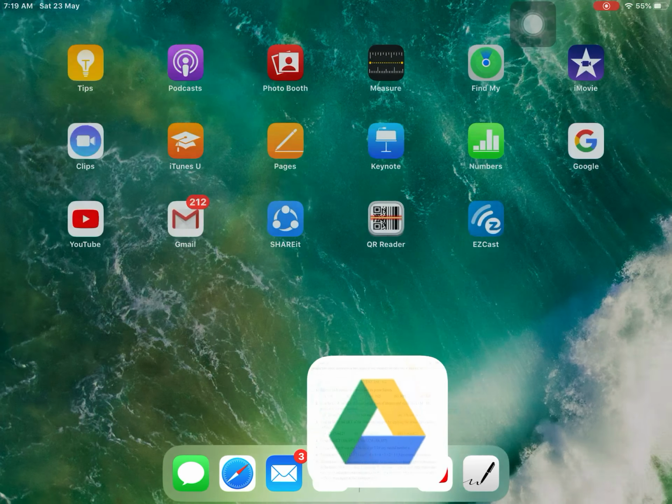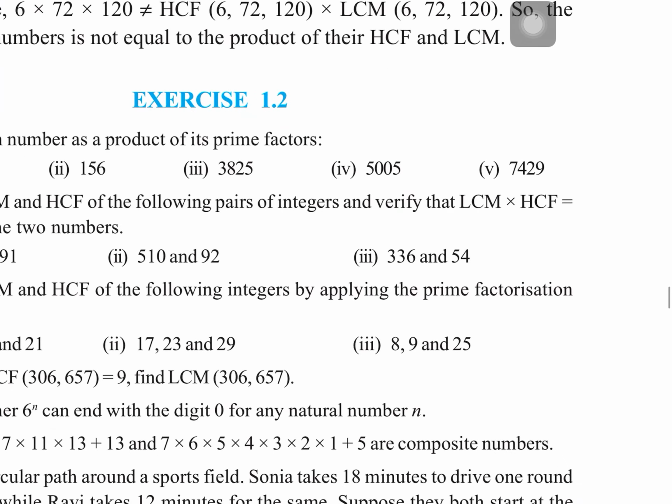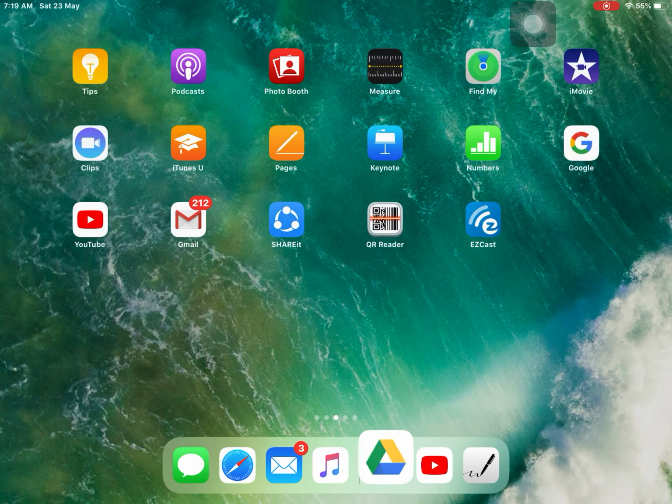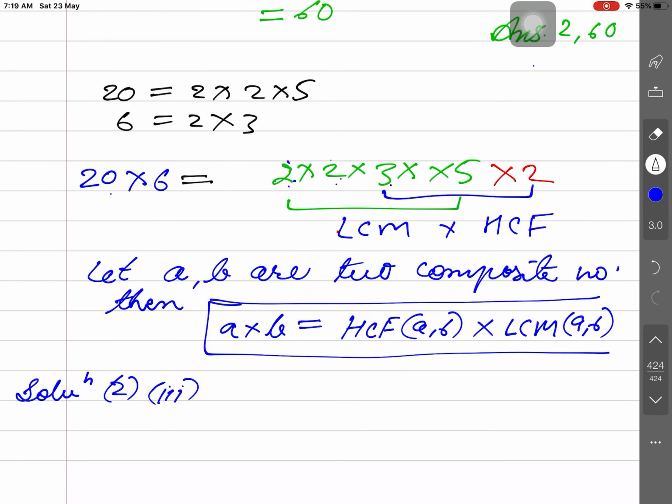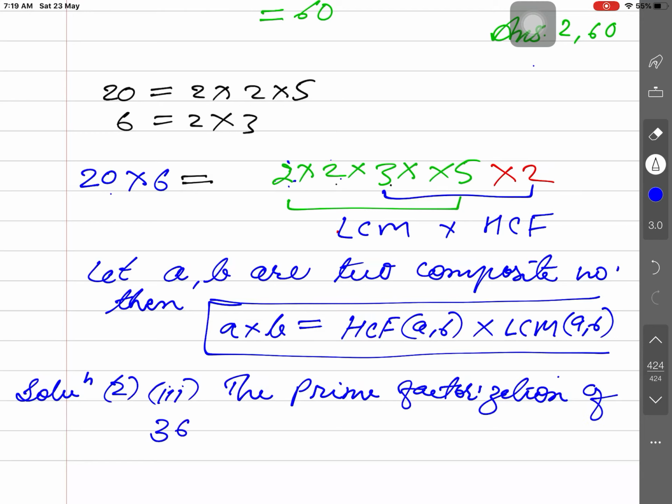I'm just telling you again which question: 336 and 54. So prime factorization of 336 and 54. What is the method of writing prime factorization? It is very simple.